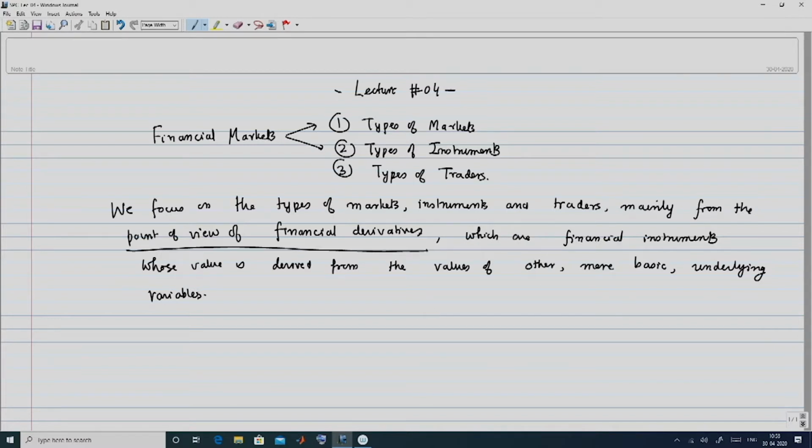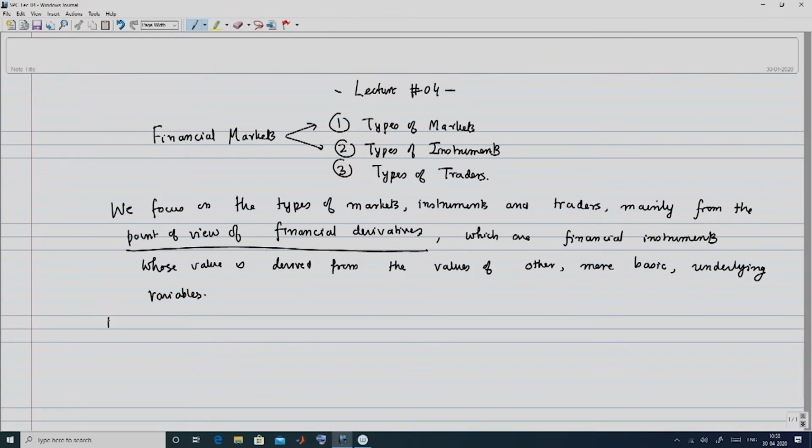So, this essentially means that the word derivative here is from the point of view of the fact that a financial derivative derives its value from some more basic underlying asset. So, for example, you could have an asset, and on that asset you define a derivative. The valuation of the derivative will move dependent on how the value of the underlying asset moves. And so, consequently, we say that the value of the derivative is quote unquote derived from the value of the basic underlying asset.